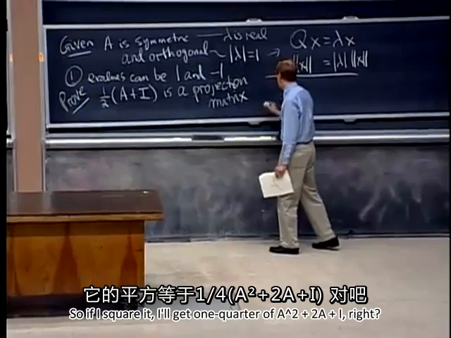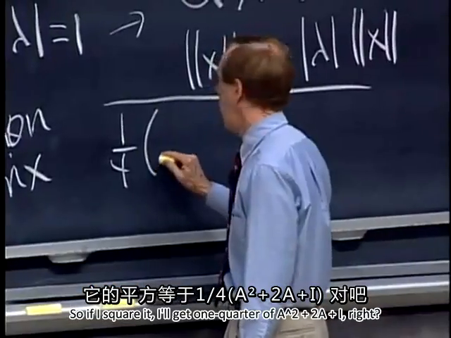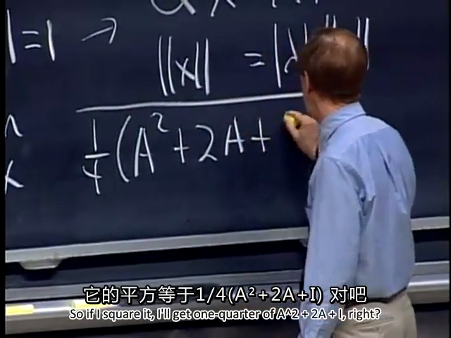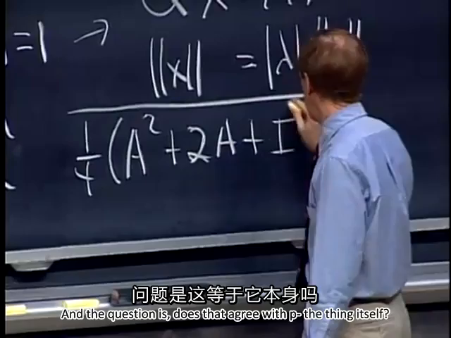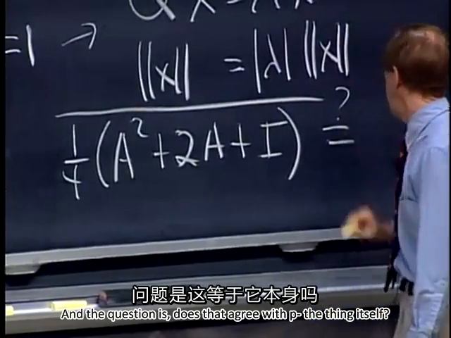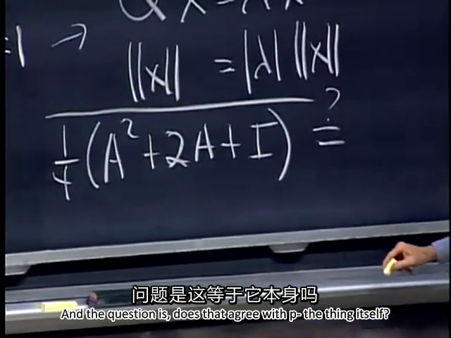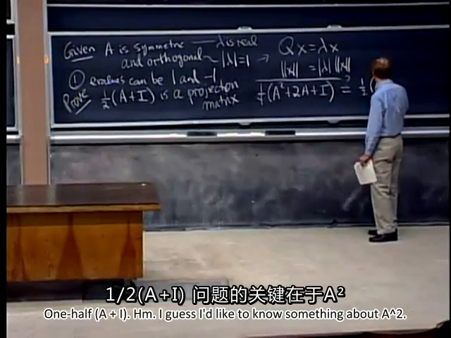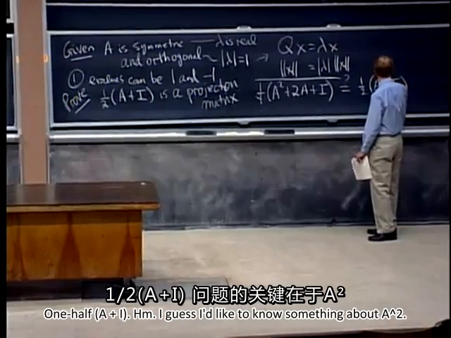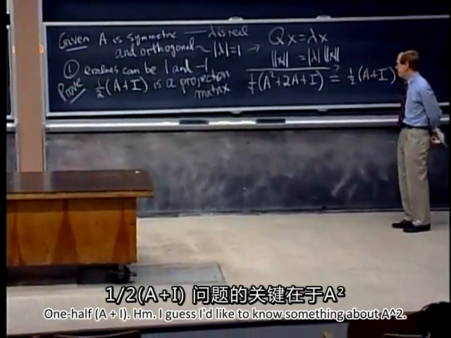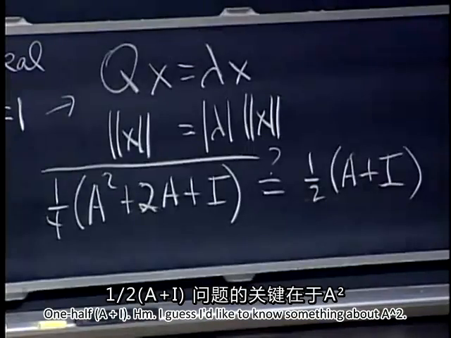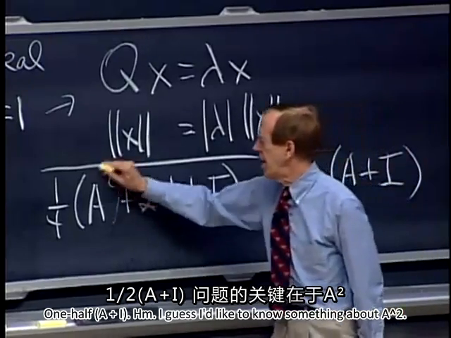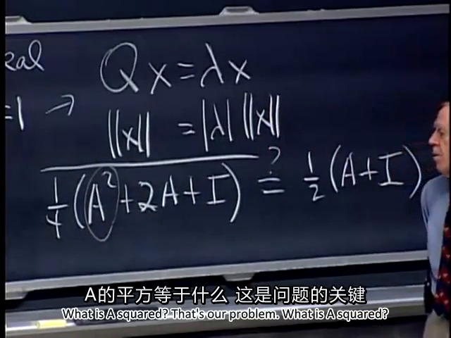So can I do that, square, and see if I get the same thing back? If I square it, I'll get 1/4 of A squared plus 2A plus I, right? And the question is, does that agree with the thing itself, 1/2 of A plus I? I guess I'd like to know something about A squared. What is A squared?